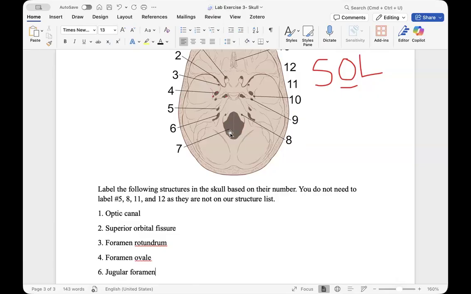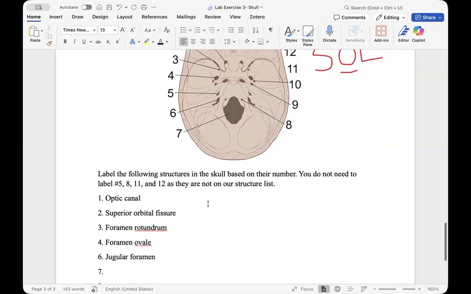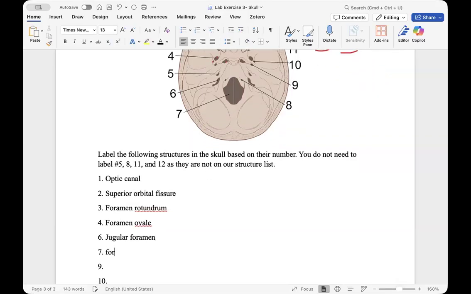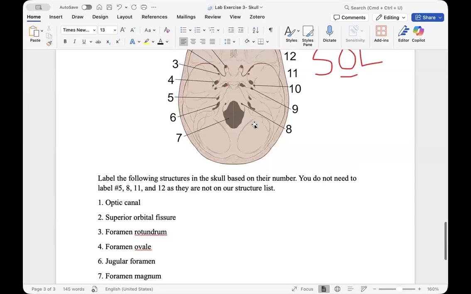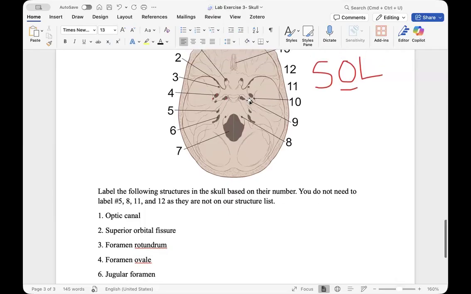Number 7 is the largest foramen, or hole, in the skull, and it is aptly named foramen magnum. It just means large hole. Number 8 is also one you do not have to worry about, so we'll skip that one and move to number 9. Number 9 is not part of our SOL, but it is attached, through the bone, by a canal to foramen lacerum.